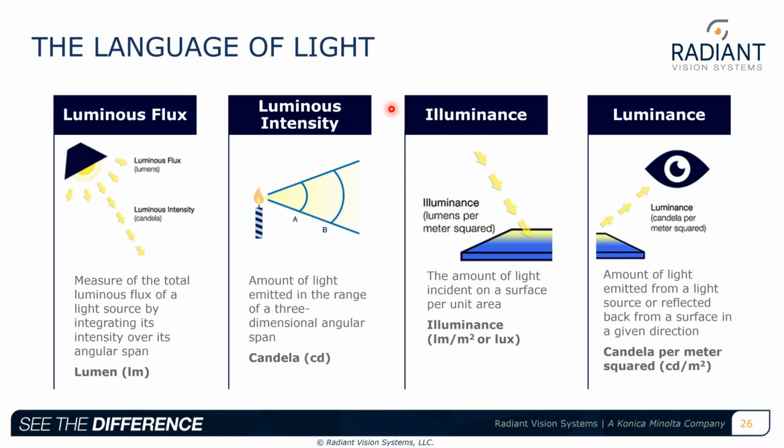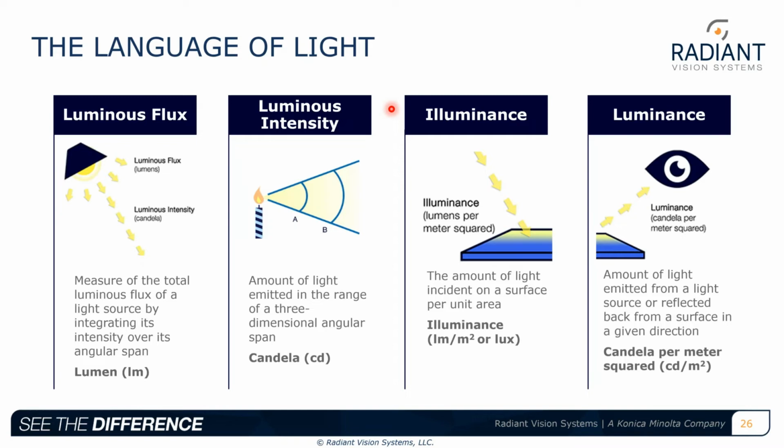So those first three, luminous flux, luminous intensity, and illuminance, all of those so far are just describing the light source itself. So nowhere in any of those was there an observer. These are just properties of the light source that you can define on its own.